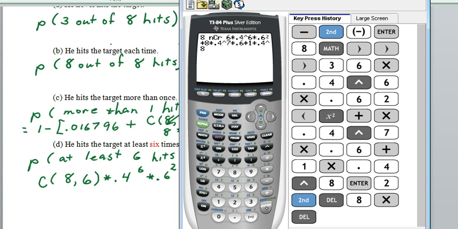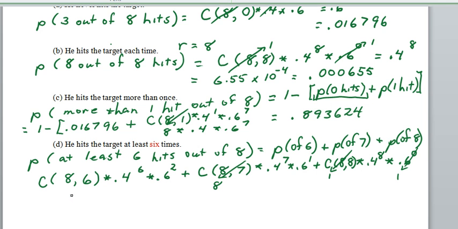And hit enter. So this time I get 0.049807.